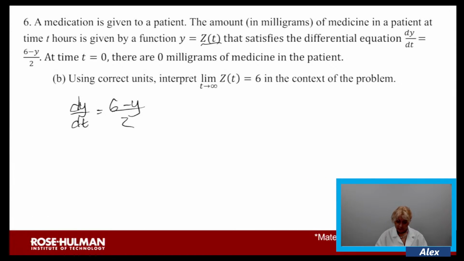So the limit as t approaches infinity of z of t, in the context of the problem, tells you that you can never reach 6, so there's an asymptote at 6. You can never reach that amount of medicine, but you can get closer and closer to it if you keep giving the patient medicine. And the units that it gives you are milligrams.